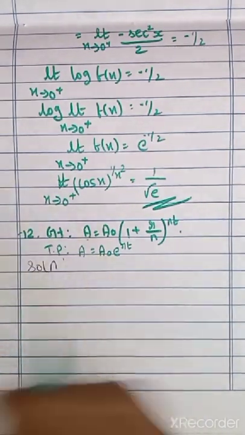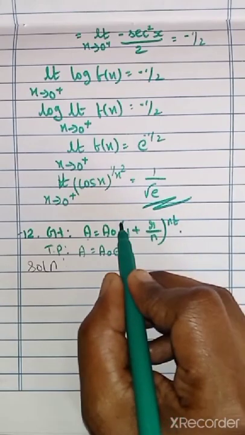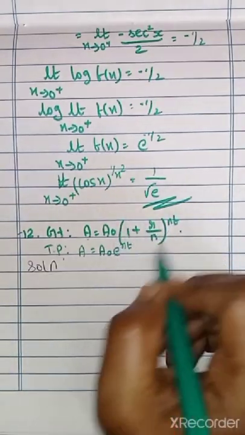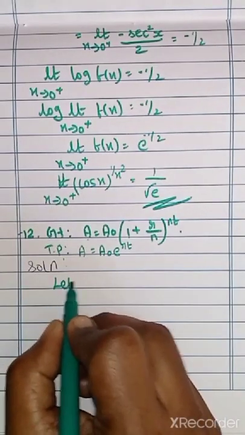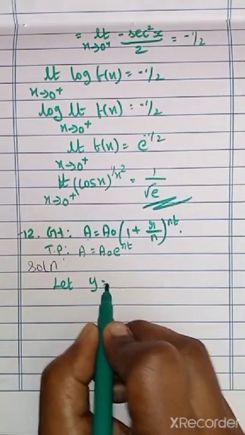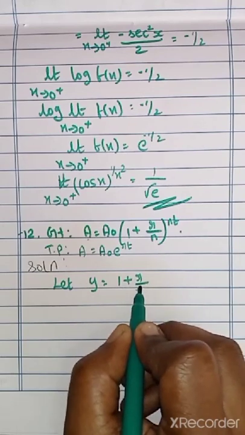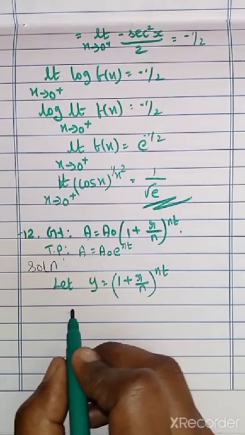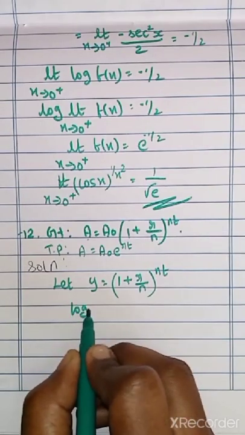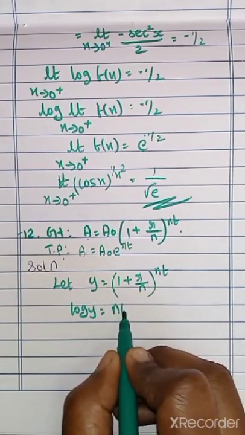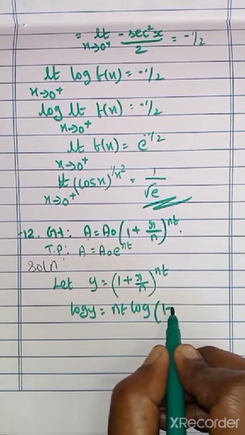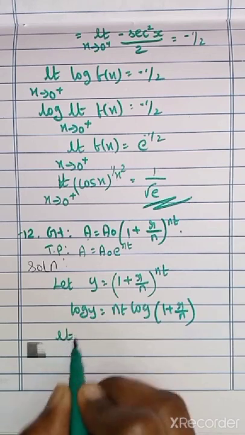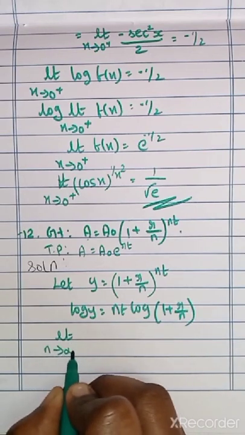So first we are going to take the interest part only and show that the interest is compounded continuously. So let y equal to 1 plus r by n whole power nt. Since there is a power, taking log on both sides, log y equal to nt log 1 plus r by n, and taking limit n tends to infinity.